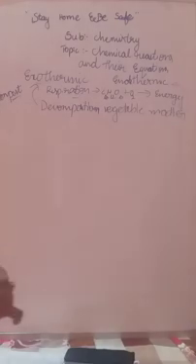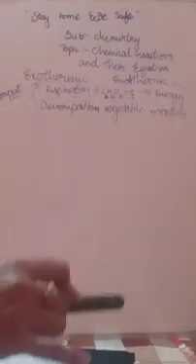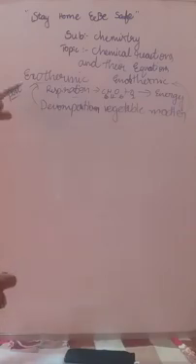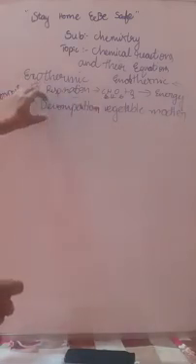And for the decomposition reaction to take place, it utilizes a lot of energy. To prepare the compost, the vegetable matter uses a lot of energy at the time of the decomposition reaction, and that's why it is called an endothermic reaction.